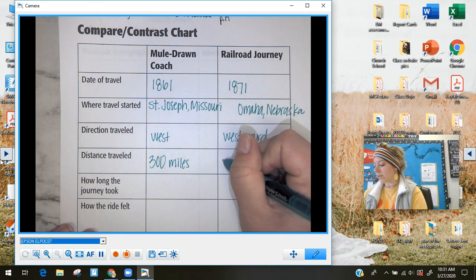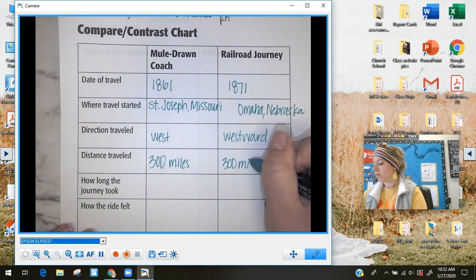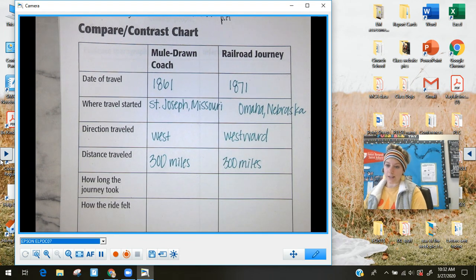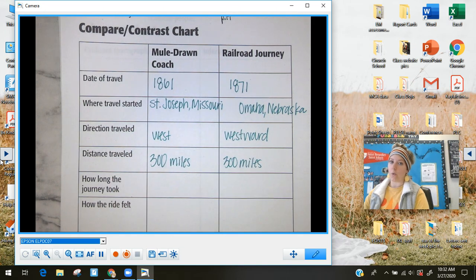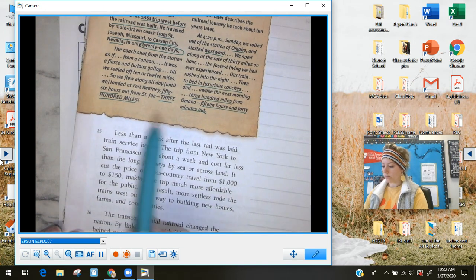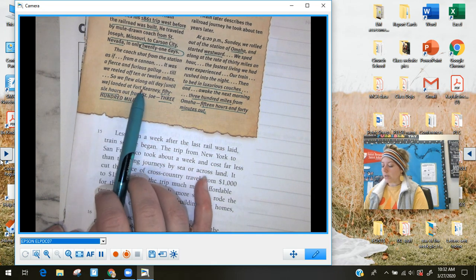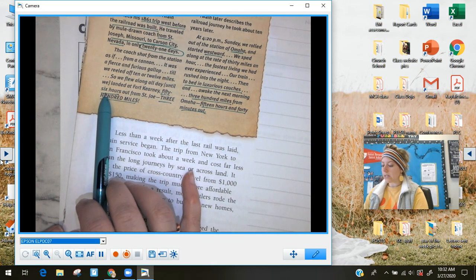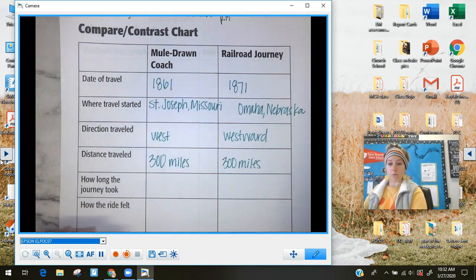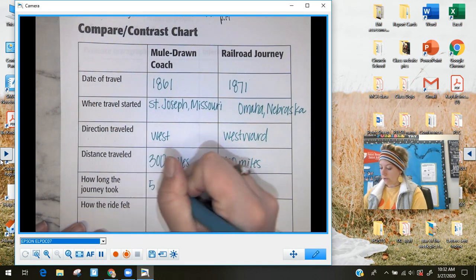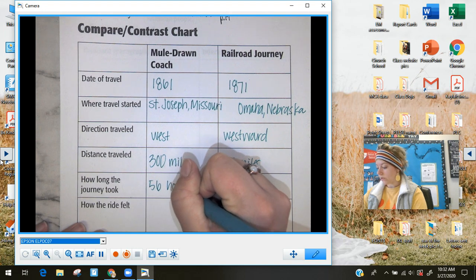But now the difference is how long did those 300 miles take? Obviously, going by mule is going to be way longer than going by railroad. Let's see, 56 hours for the mule. 56 hours.